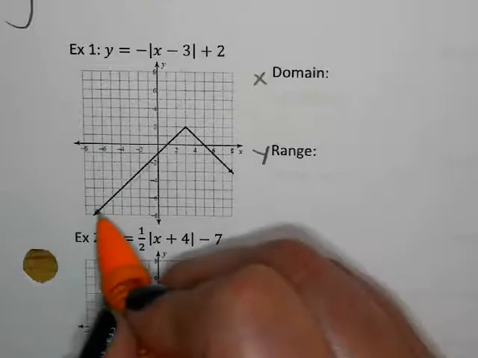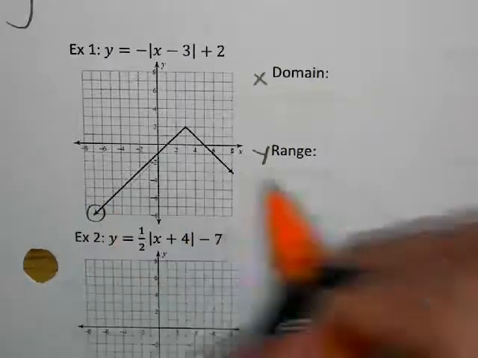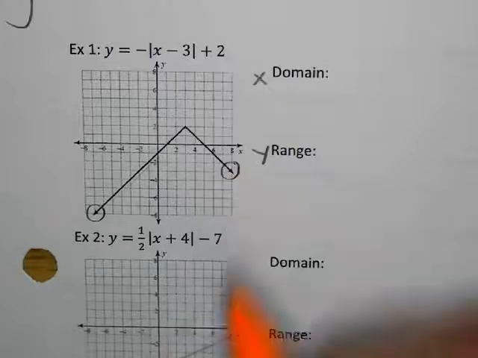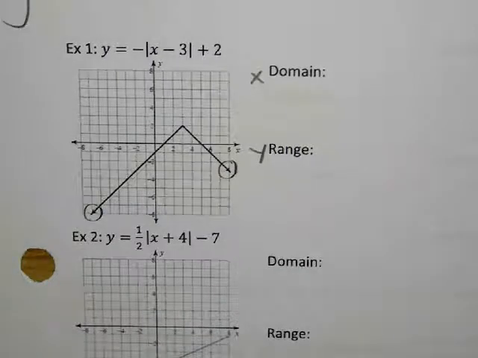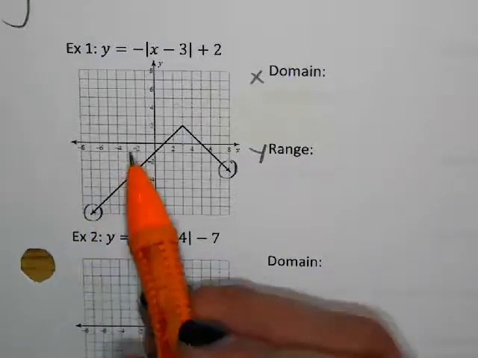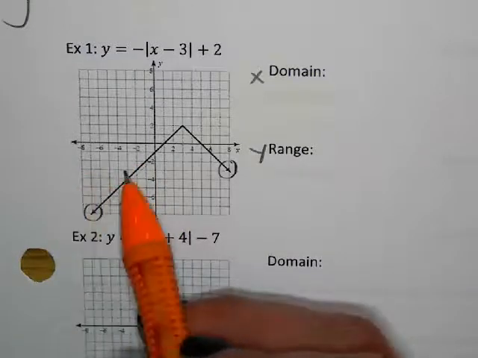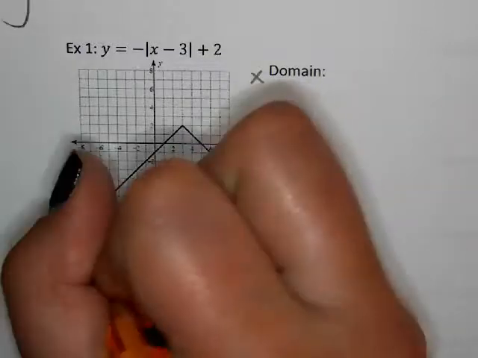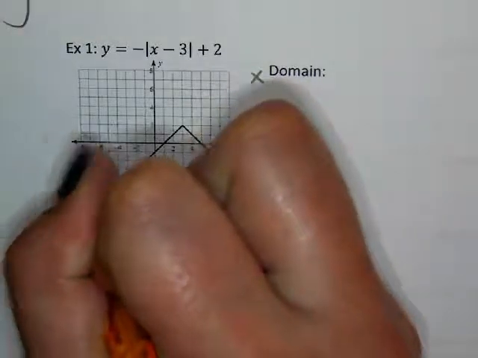And then I can see that there's an arrow going to the left and there's an arrow going to the right. And those arrows mean that the graph is going left and it's going right forever. So anytime we talk about forever, that's when we use the number infinity, which is not really a number, it's more of a concept, but we'll call it a number. So an arrow going to the left is on the negative side of the graph. So we'll say if we have an arrow going to the left, that's a negative infinity.